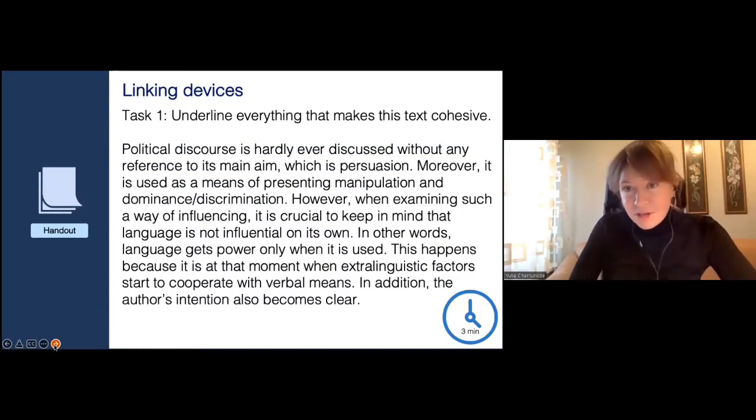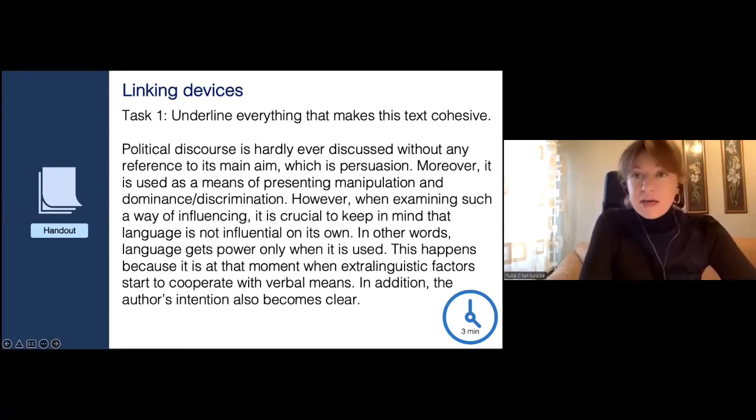As you probably know, there are plenty of myths about academic writing, and one of them is connected with linking devices. So in your handout, you should see task 1 at the very top of the file, in which there is a text which asks you to underline everything that makes the text cohesive.